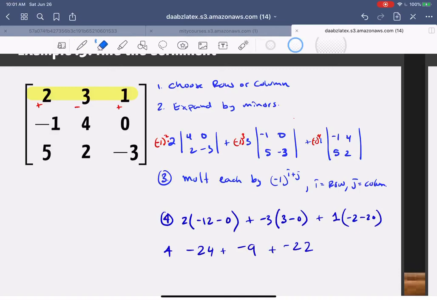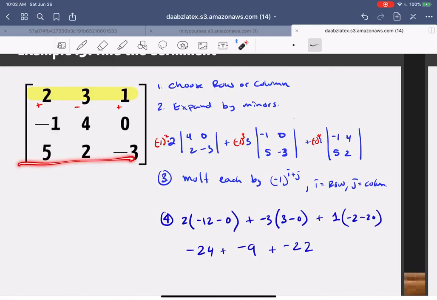Okay, that's your last step. And it's interesting to note that no matter which column you had expanded by, say you had expanded by this column instead, you would get the exact same number.